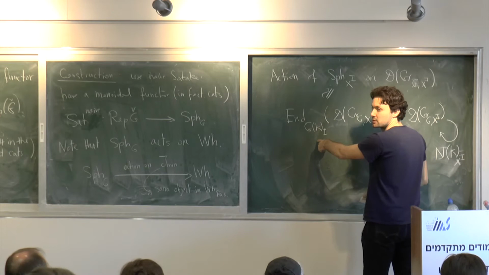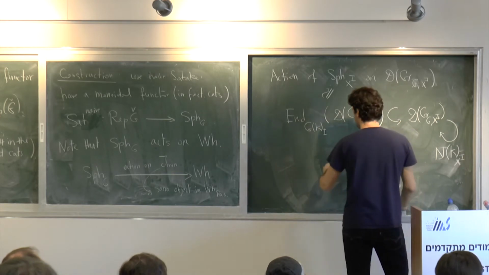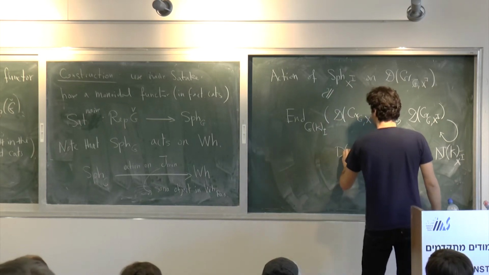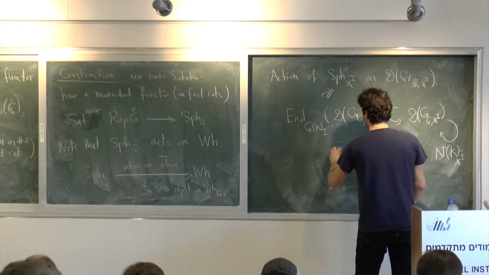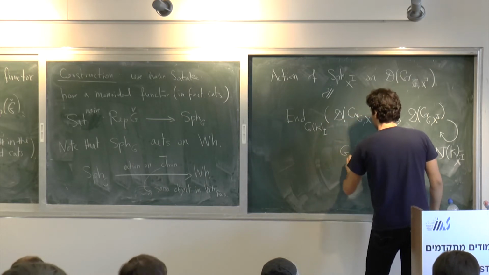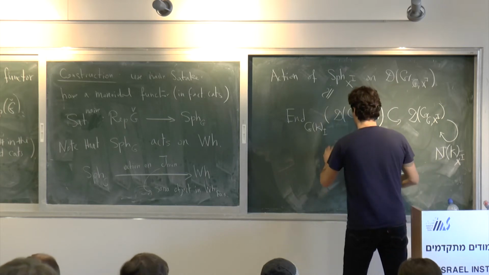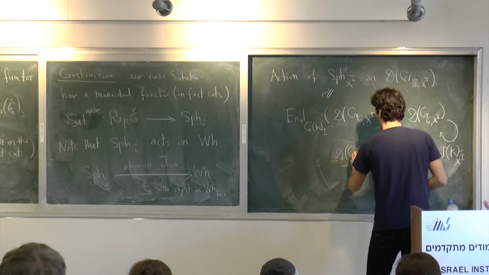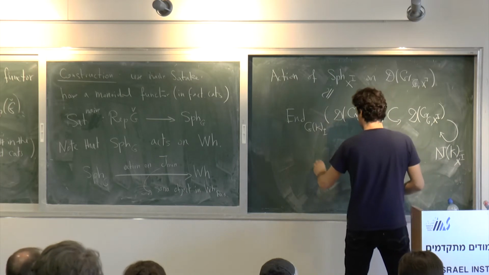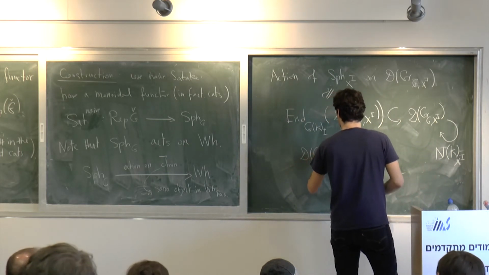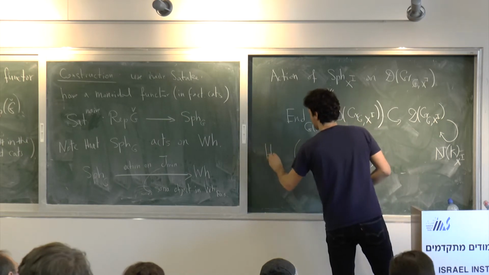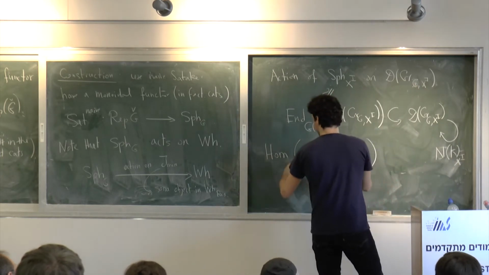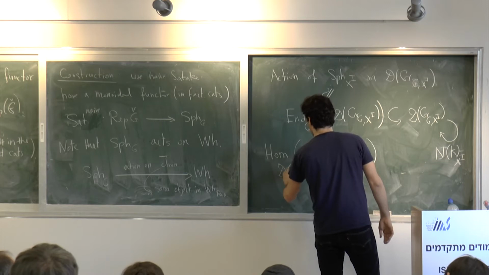G(K) invariance. So maybe let me explain. What I'm writing are functors from the Grassmannian to the Grassmannian that commute with respect to the action of the jets.